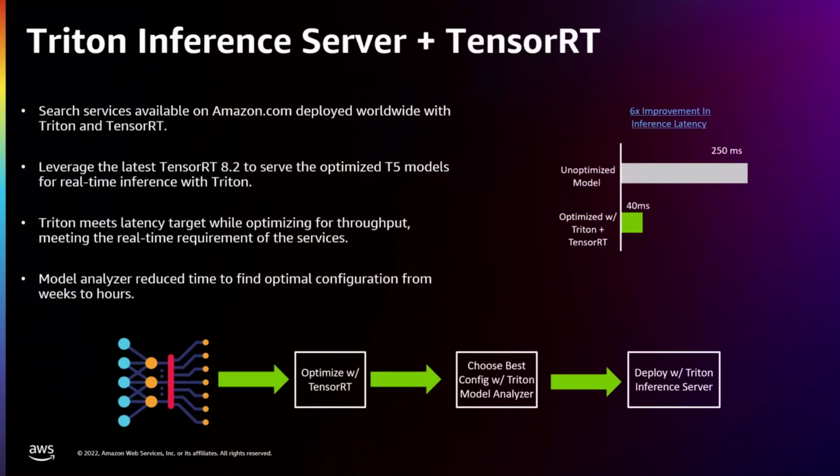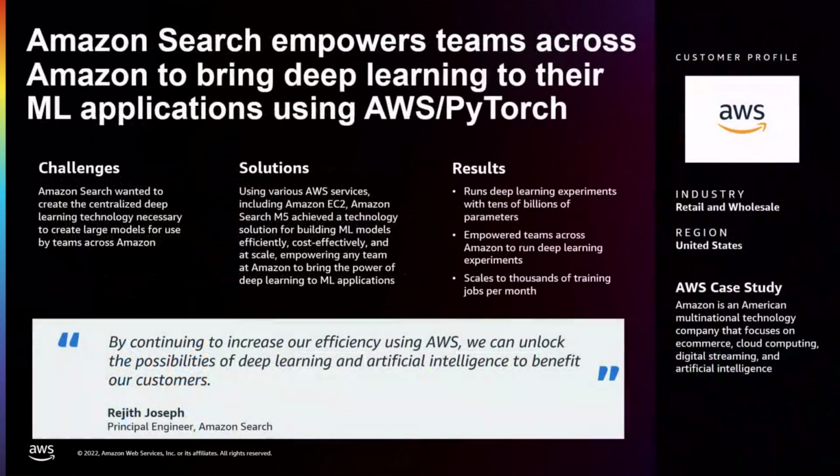And in addition to that, there are always ways to optimize. We leverage TensorRT in addition to Triton Inference Server, and the benefits of how that can affect your performance can be pretty staggering. Now, you don't have to take my word for it.